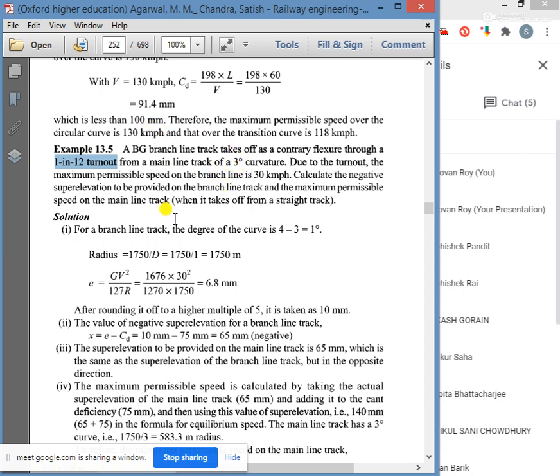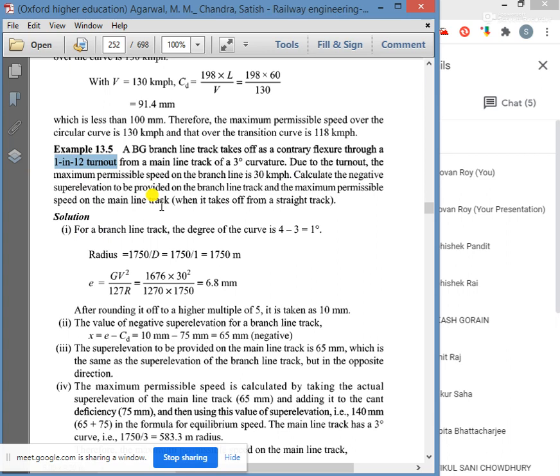But the degree of curvature of the branch line is not given, but we can find it out. How? Because a 1 in 12 turnout means that your branch line takes an angle from the straight line of 4 degree.